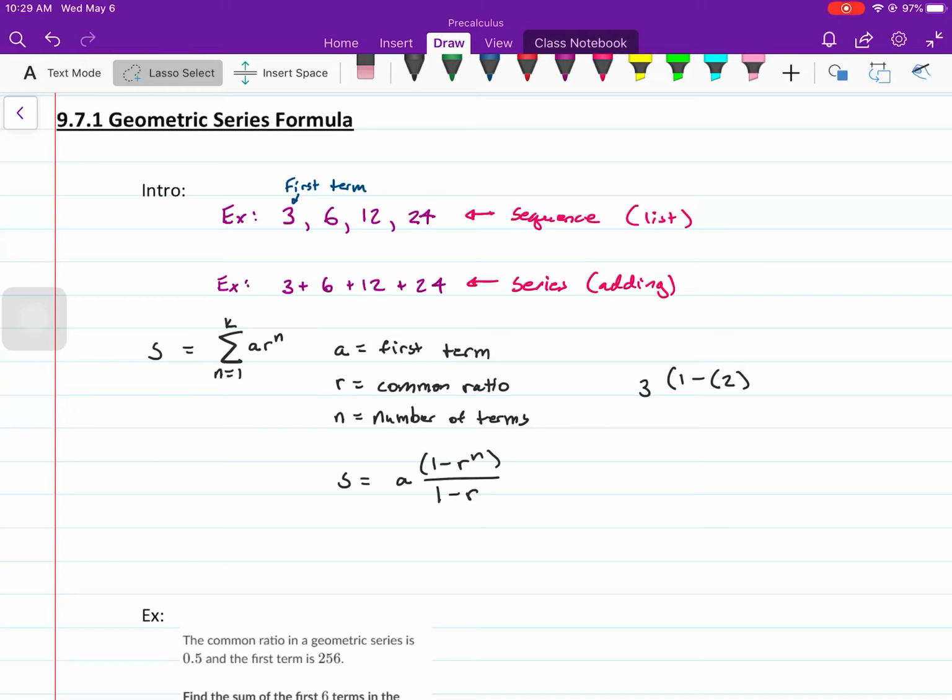So our number of terms here would be 4. And then over 1 minus 2. And you could just put that into Desmos, put that into a calculator, get your answer. And that's pretty much it for that.